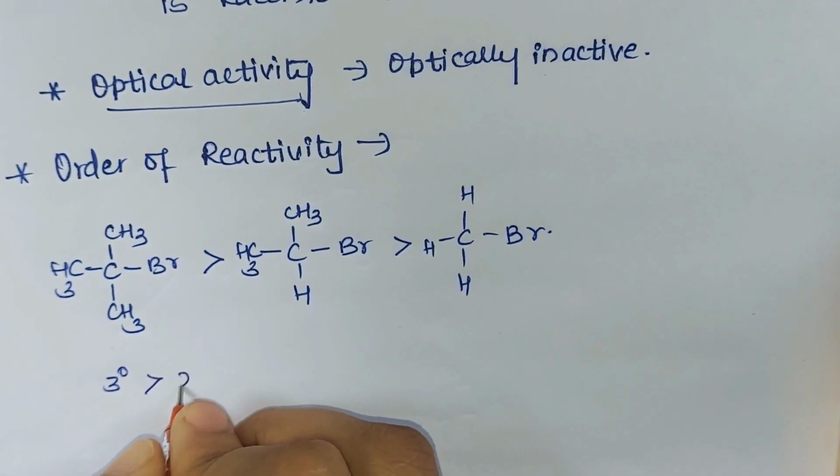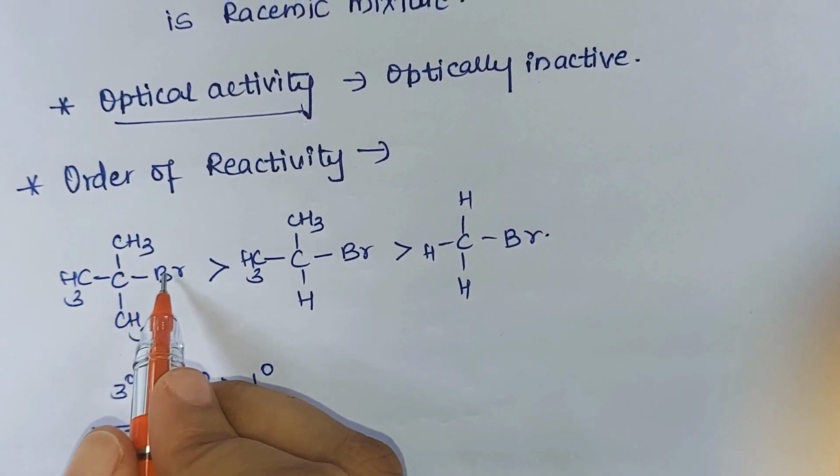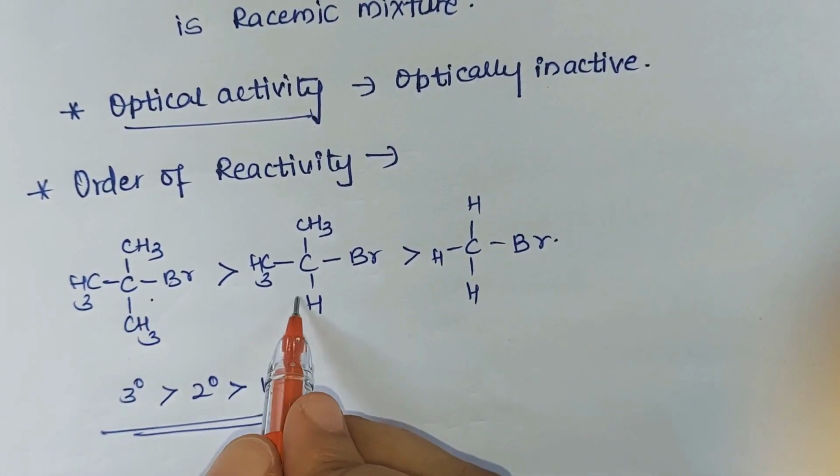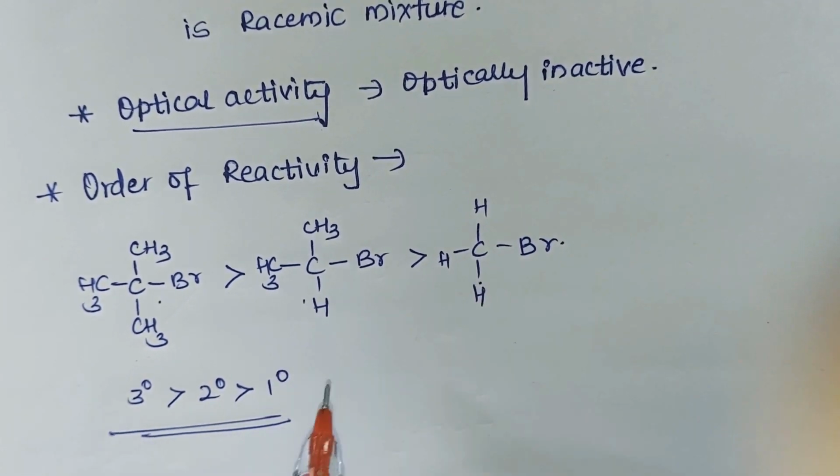Why? Because formation of carbocation takes place, and tertiary carbocations are more stable than secondary, and secondary than primary, as you have studied in FUC 1.